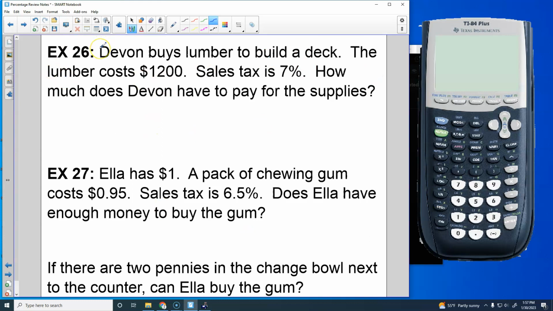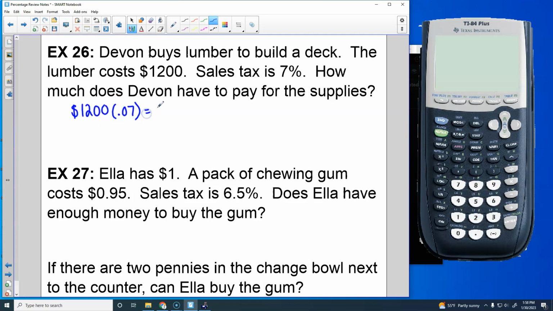So let's look at two ways we could figure sales tax. Probably the way most of us would think about sales tax is, in this case, you're buying lumber to build a deck. I should probably triple that right now because it's through the roof. But lumber to build a deck costs $1,200. Sales tax is 7%. How much does Devin have to pay for the supplies? He's got to pay $1,200 for the supplies. I'm going to multiply that by 0.07.